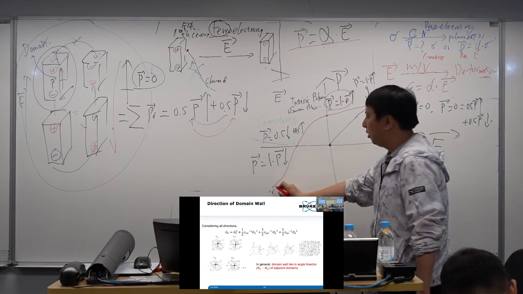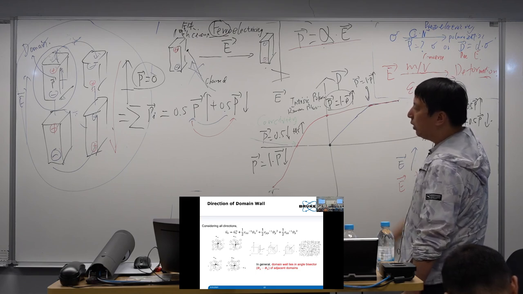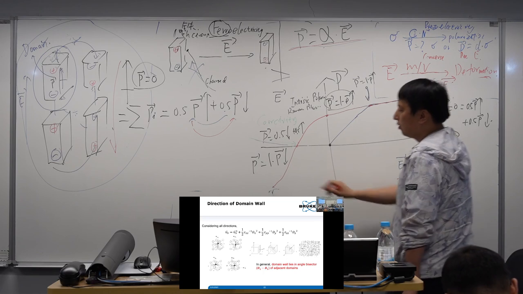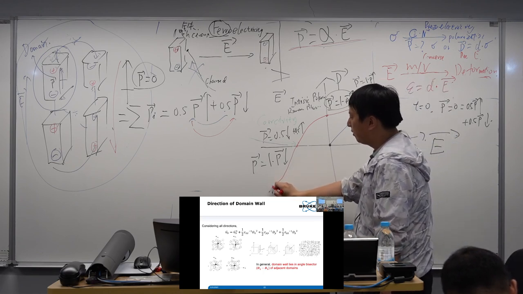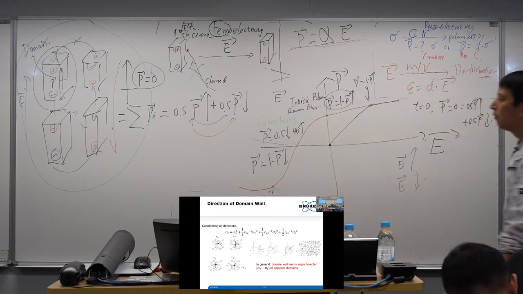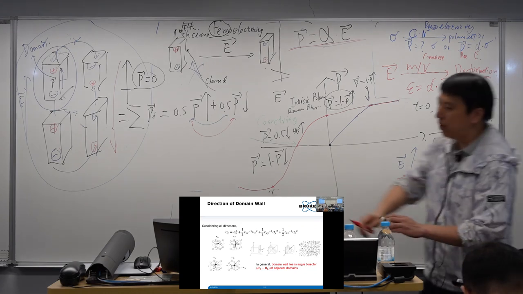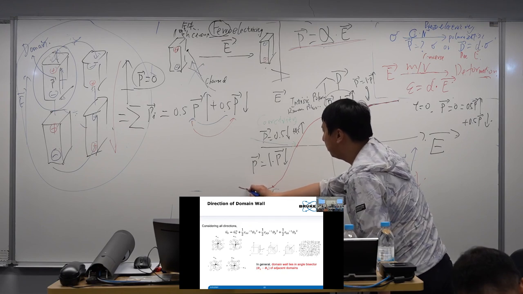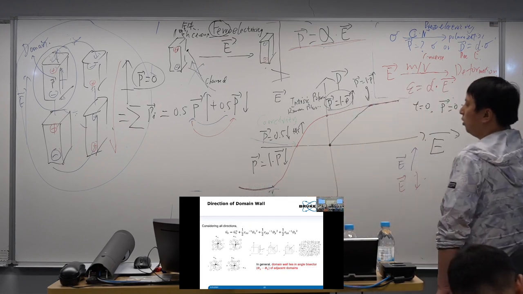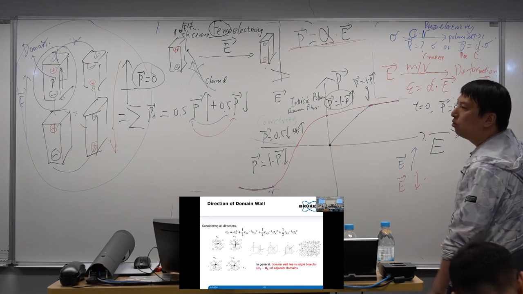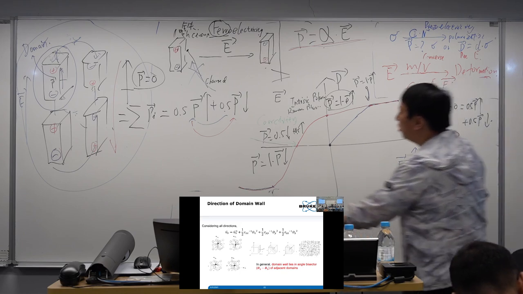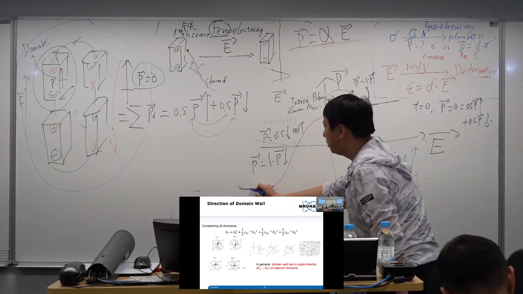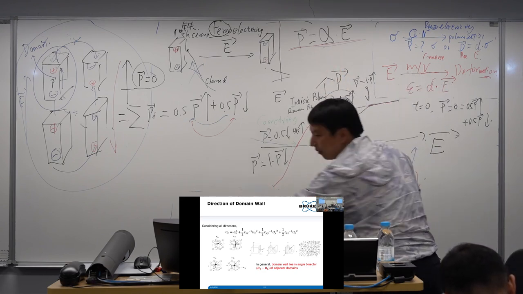Okay, and after this point, we cannot change the direction. We have to go back to this one. So the slope will get slower. And then we get it back. We increase the electric field. I use the blue pen again. I increase the electric field. So I will follow the same rule again to change the polarization.